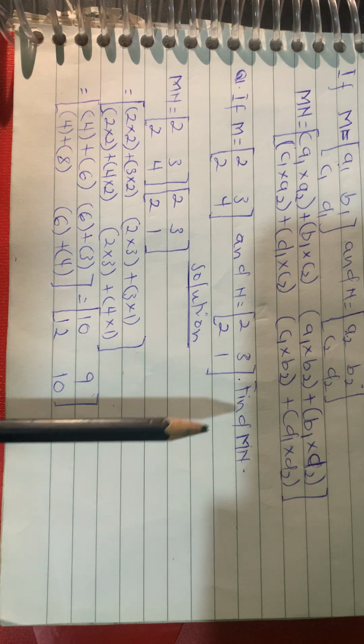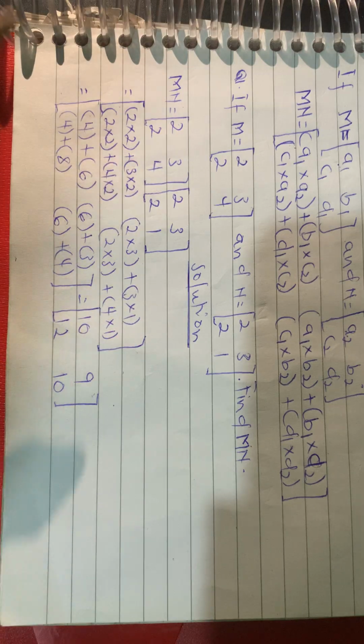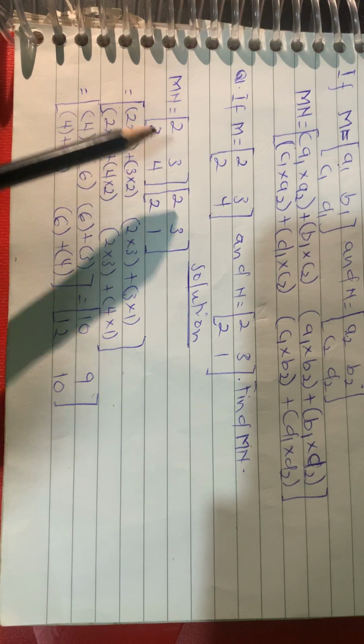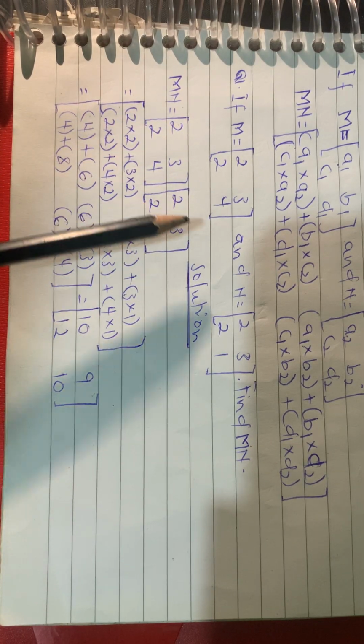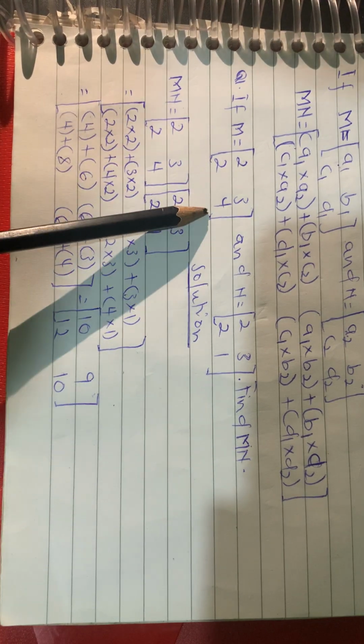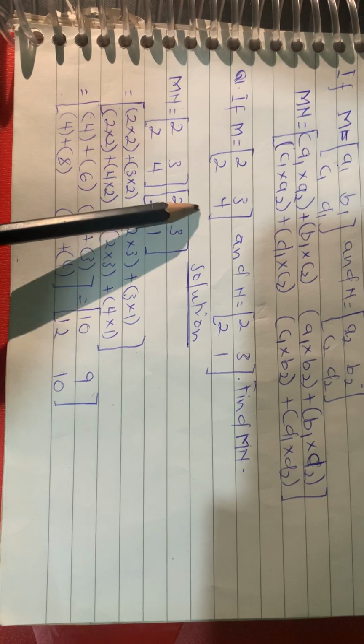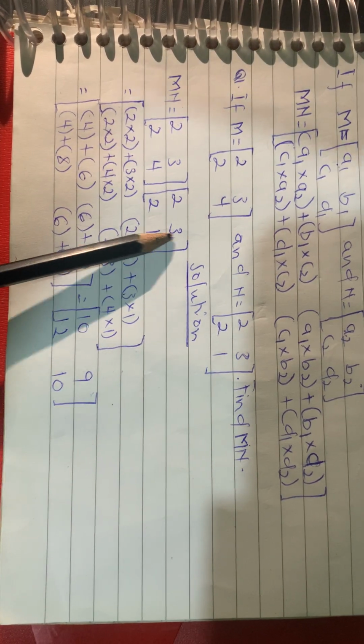In other words, we are multiplying those two matrices. So M, which is 2, 3, 2, 4, multiplying 2, 3, 2, 1. So let's go. Use the first row to multiply the first column. Then use the second row to multiply the same column before we move to the last column.